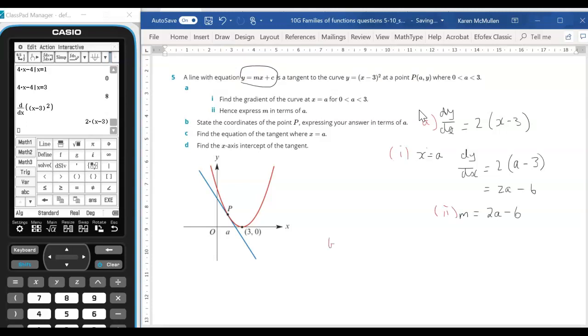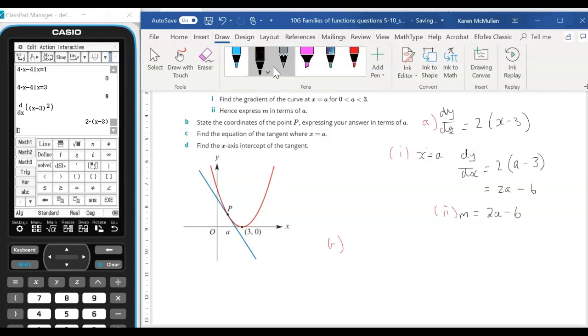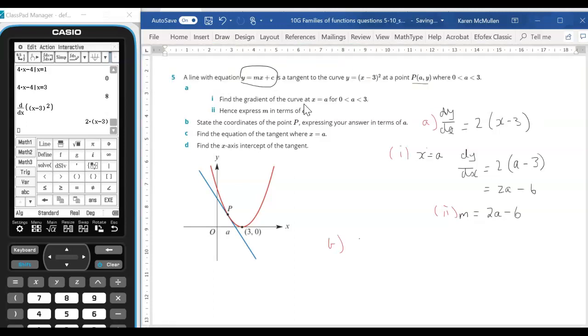Question B: state the coordinates of the point P, expressing your answers in terms of a. So here's point P, and all we need to do is substitute in a. So let x equal a.